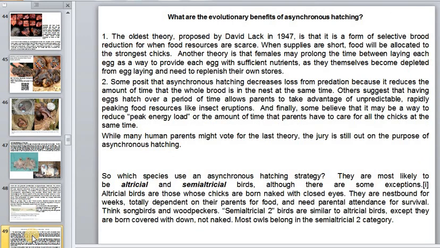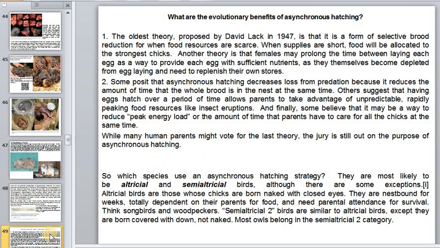And here are the evolutionary benefits of asynchronic hatching. Here we can find some theories about this, but I want to talk about this a little bit later, because it's just energy for load.